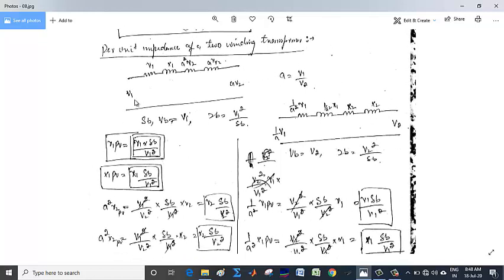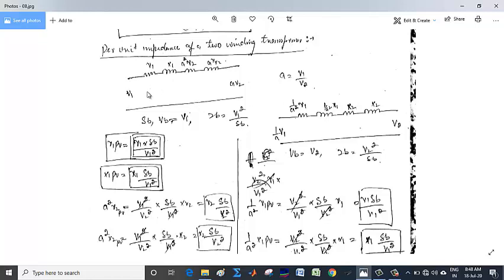Now when we refer it to primary, we need to have the base value of voltage as V1. We need to keep this in mind. Let us say SB is the machine rating and VB is again its rating, which is V1. V1 is the rated voltage. So ZB will be equal to V1 square by SB. So you need to keep this in mind.